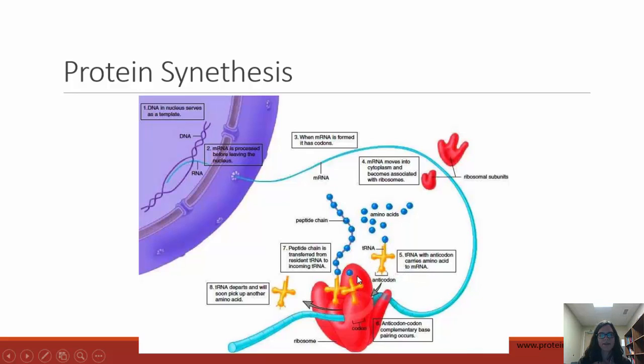Then the anticodon in the tRNA and the codon in the mRNA go through complementary base pairing, and the amino acids are added onto the polypeptide chain to form this growing polypeptide chain, and then the tRNA goes back to get more amino acids to build a protein.